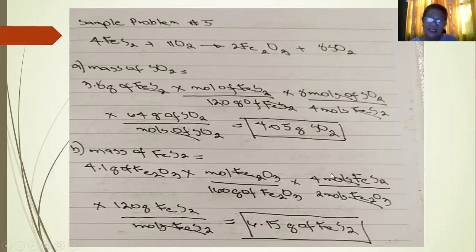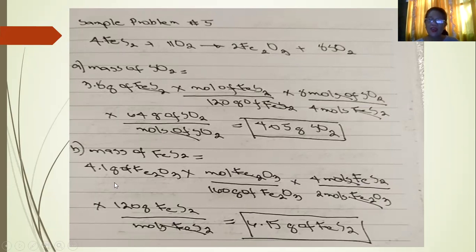But what is needed is not yet moles of ferrous sulfide. What is needed is the grams. And of course, as I have said, if it is mole to gram, get now the molecular weight of ferrous sulfide, which is 120. So cancel the mole of ferrous sulfide, cancel the mole of ferric oxide.